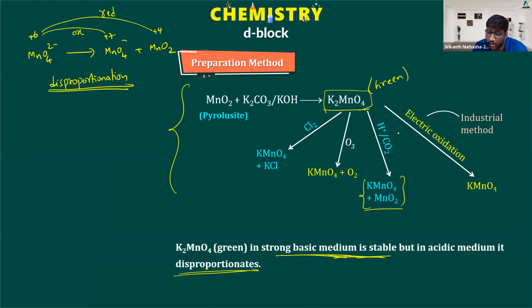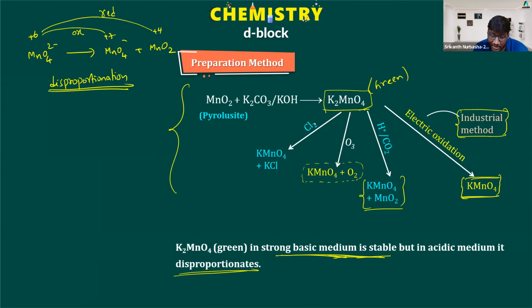If you do electric oxidation, the industrial method, in the presence of electrical energy you can convert K2MnO4 to KMnO4. You can also treat K2MnO4 with O3, ozone, and form KMnO4 and O2. The mechanisms for inorganic reactions are not required, as I am repeatedly saying.